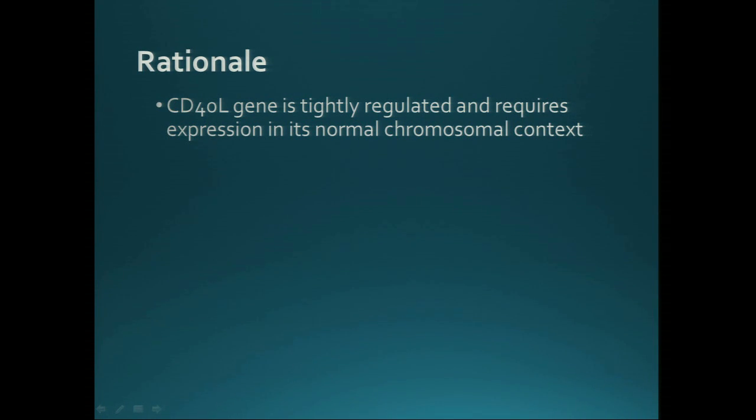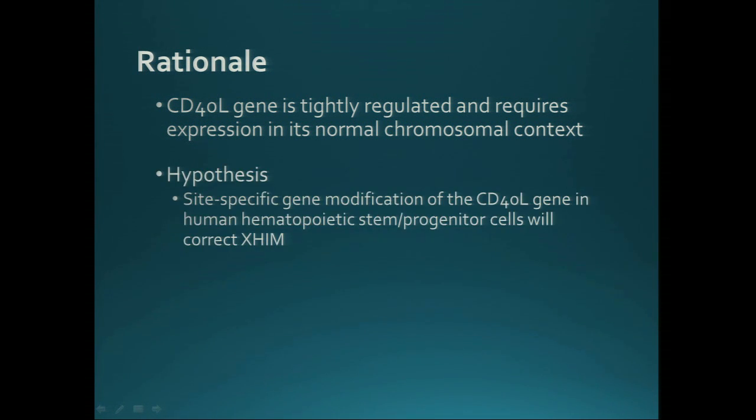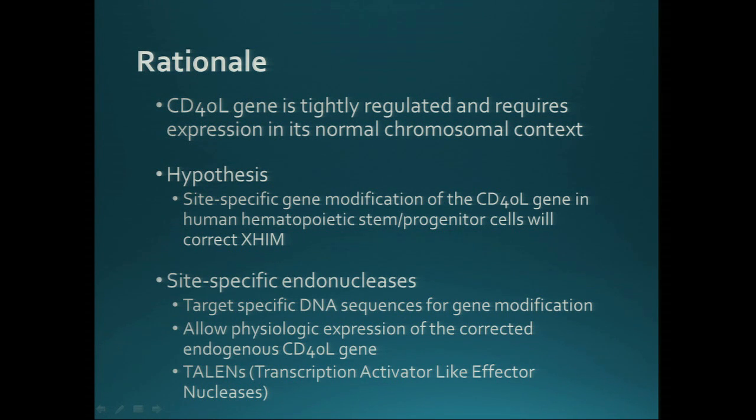So knowing that the CD40 ligand gene is tightly regulated and requires expression in its normal chromosomal context, we hypothesize that site-specific gene modification of the CD40 ligand gene in human hematopoietic progenitor cells will correct XHIM. This can be done using site-specific endonucleases, which target specific DNA sequences for gene modification and ultimately allow physiologic expression of the corrected endogenous CD40 ligand gene.